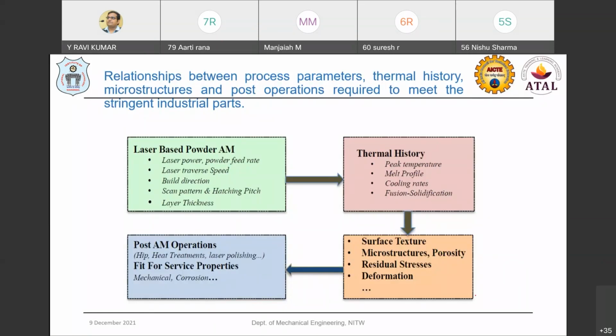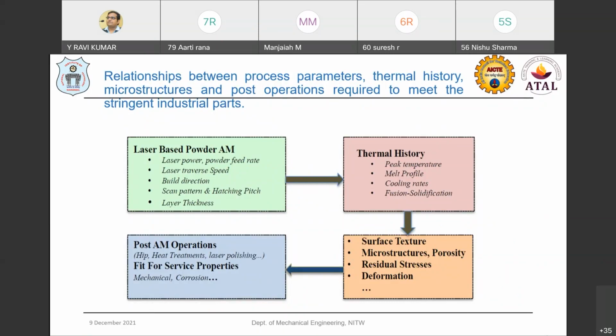If you see here the relationship between these process parameters and the thermal history, microstructure, and post processing is required to meet the stringent requirements in aerospace or medical parts.